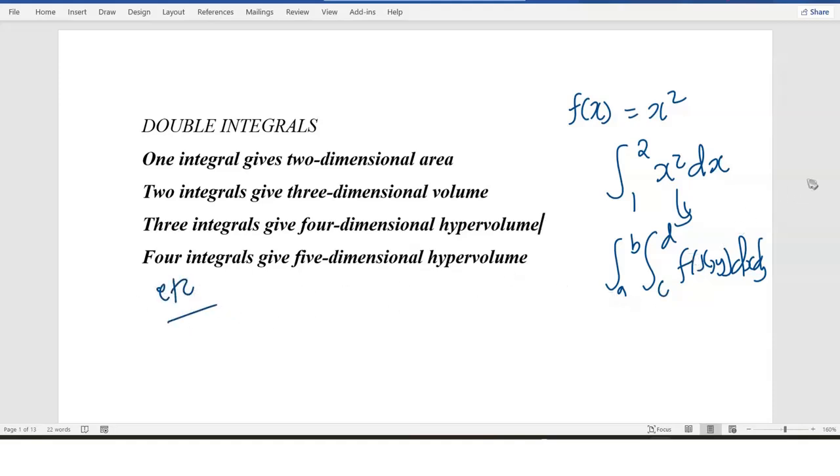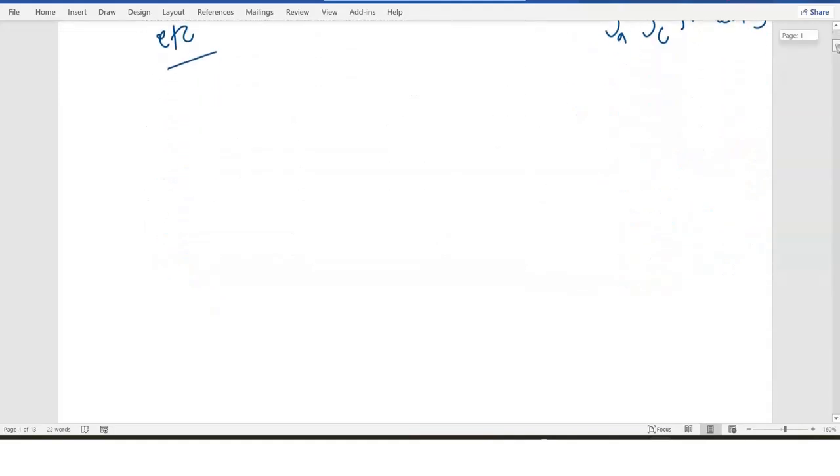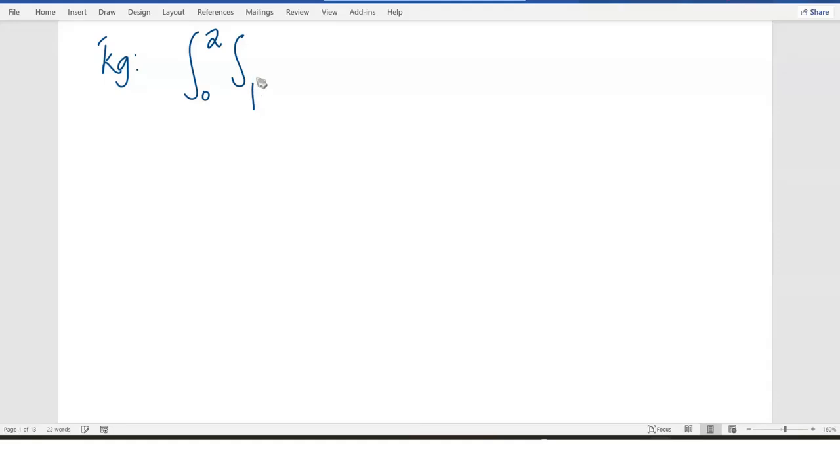So let's dive into this and see how we can deal with double integrals. Let's take an example. We are integrating from 0 to 2, 1 to 3 of the function x y squared with respect to y, dx.